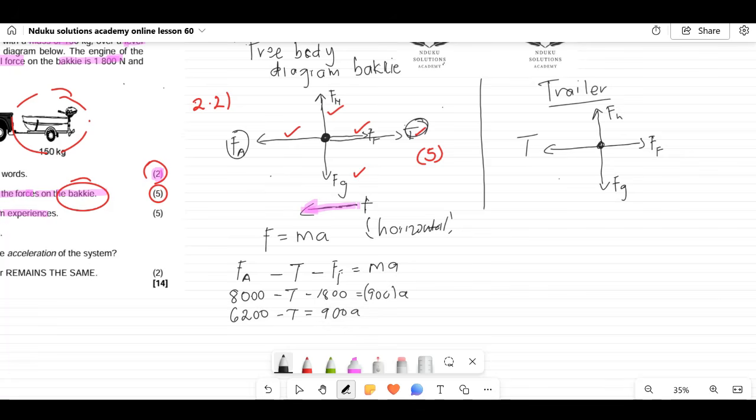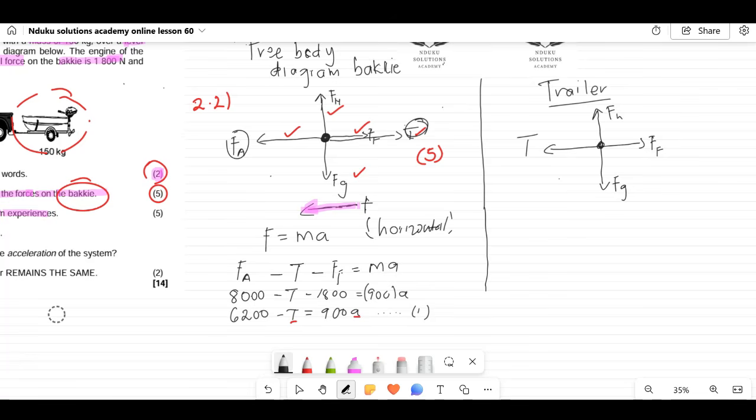And then we have two unknowns. As we know in mathematics, if you have two unknowns, you need two equations. So it means we need to go and find the other equation. So this is equation number 1. Then let's jump that side. What is actually happening this side?